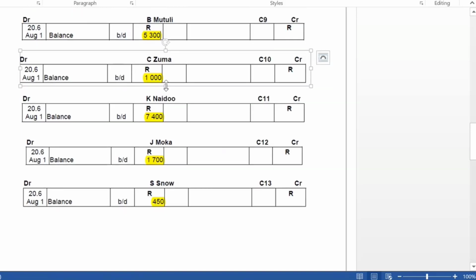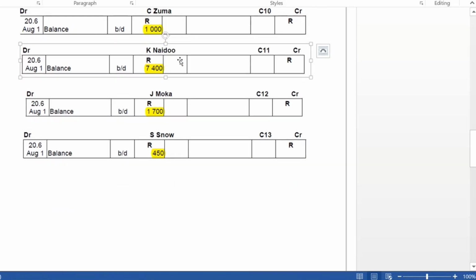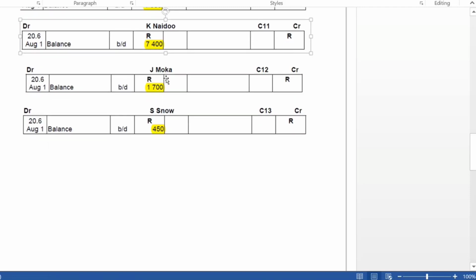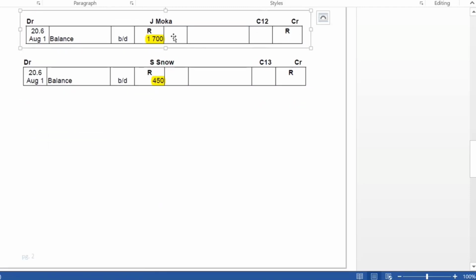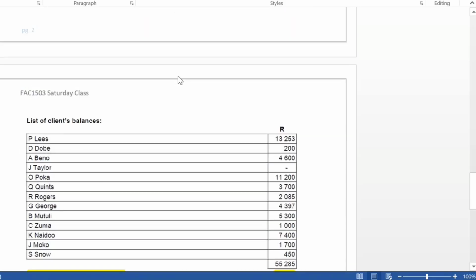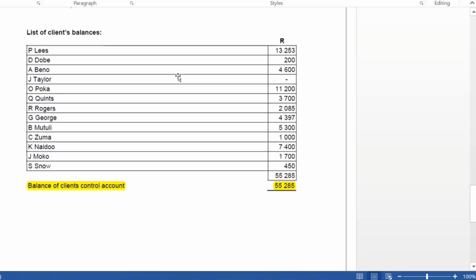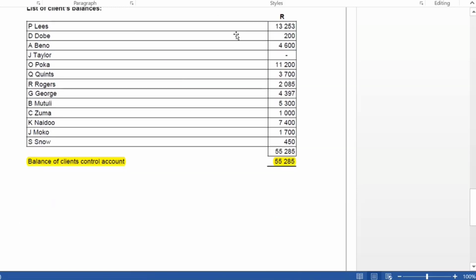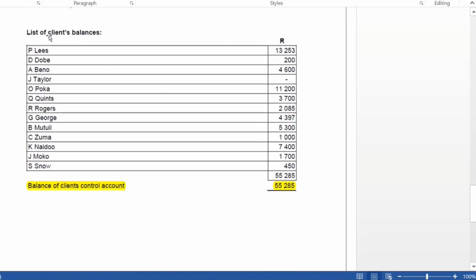C Zuma owes the business 1,000. K Naidu owes the business 7,400. J Mocha owes the business 1,700. S Snow owes the business 450. Guys, can you see the list of client balances?